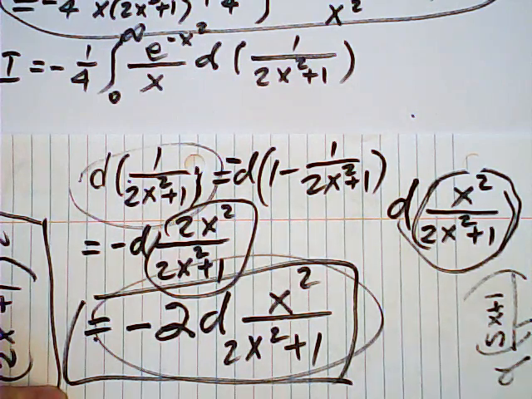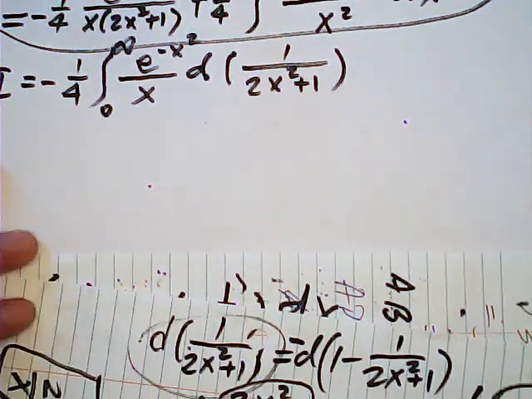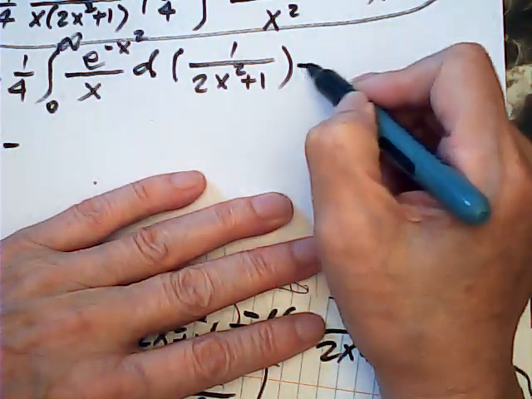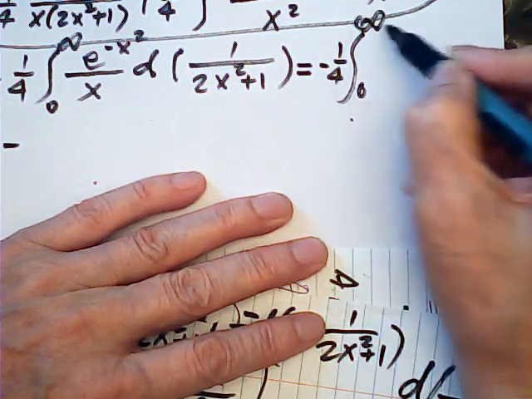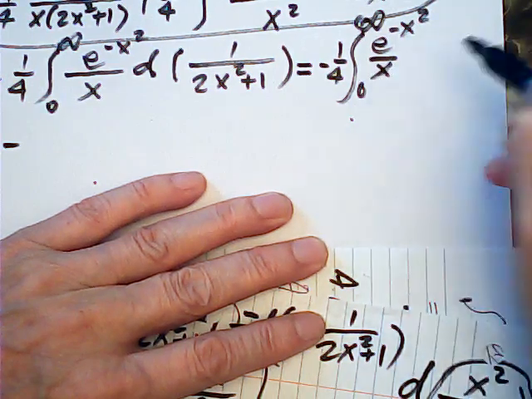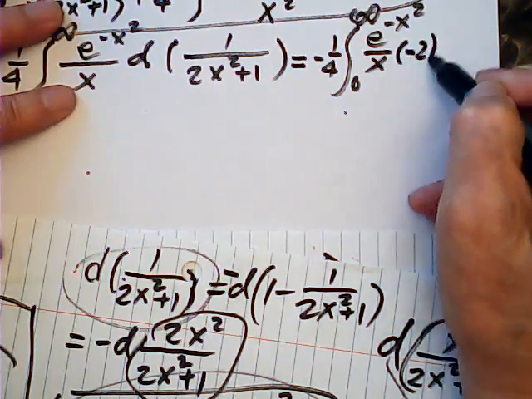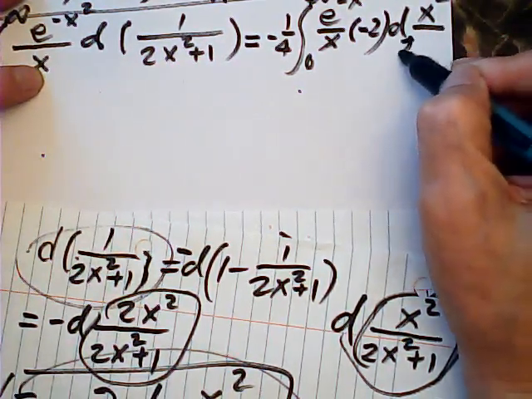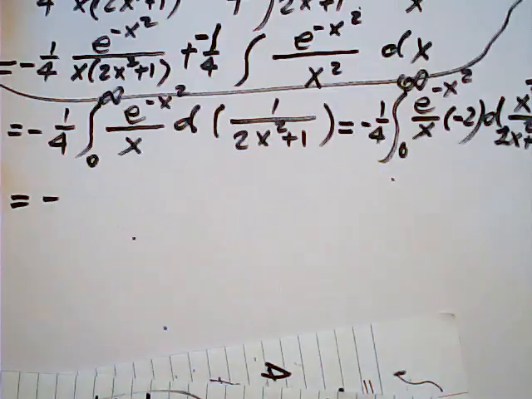Then the problem is solved. So I'll change this one into minus 1/4 from 0 to infinity, and not forgetting e to the negative x squared x, I'll write this one as negative 2 d of x squared, 2x squared plus 1. Then the problem is solved.